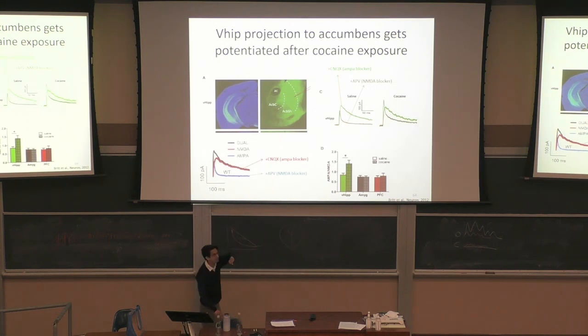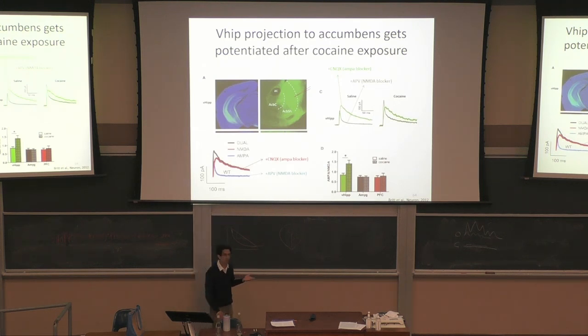The optogenetic activation leads to presumably release of glutamate. So you see this response appearing in black, and that's the original response. If you then put in AMPA receptor blockers, you see the NMDA response. And if you put in NMDA receptor blockers, you see the AMPA response component of that curve.